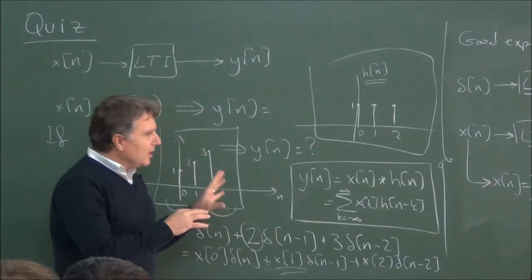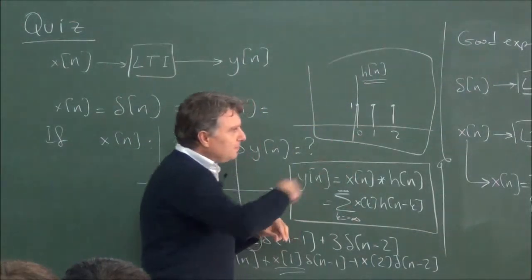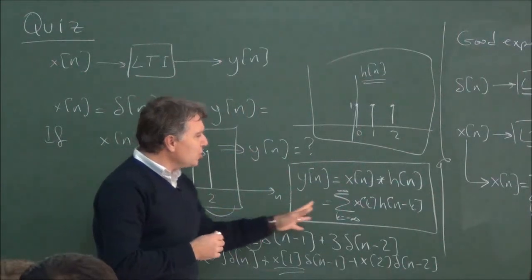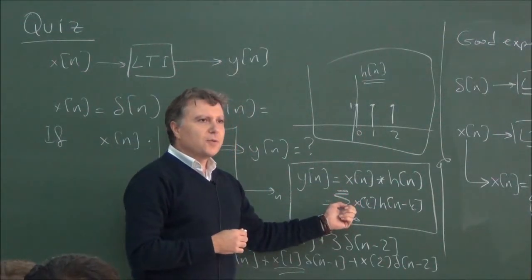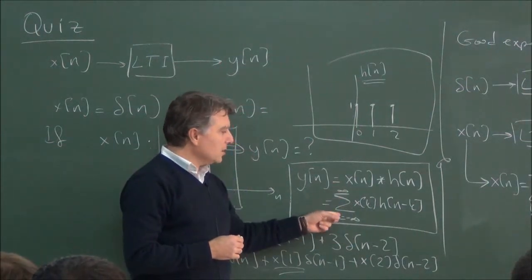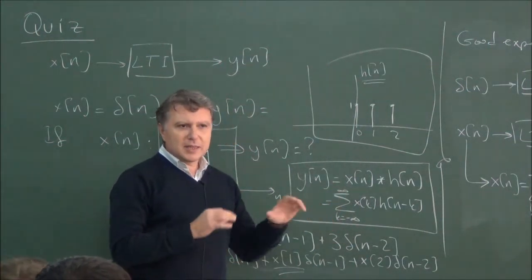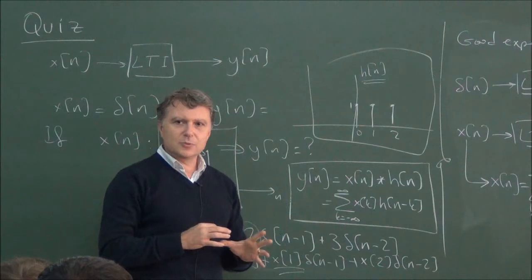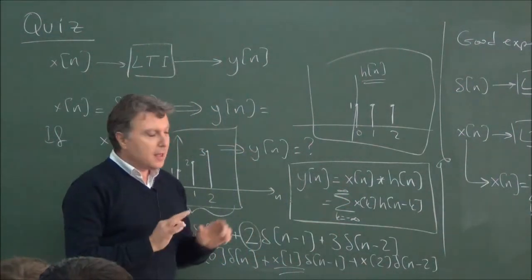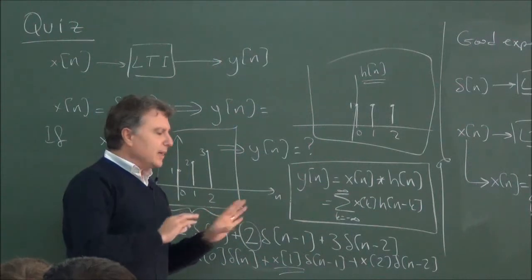But as you see, throughout describing this convolution sum, this is the convolution sum which is valid for discrete time signals because it's in the form of a summation. In the continuous case, it's a bit more complicated than this one because it will become a convolution integral. But let's come back.